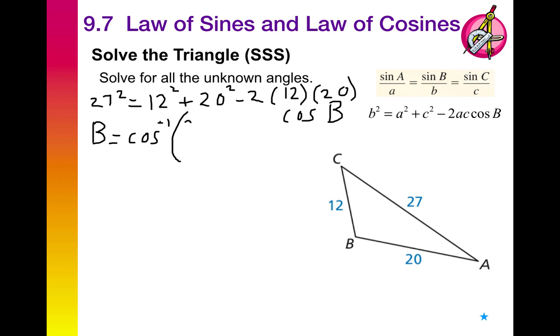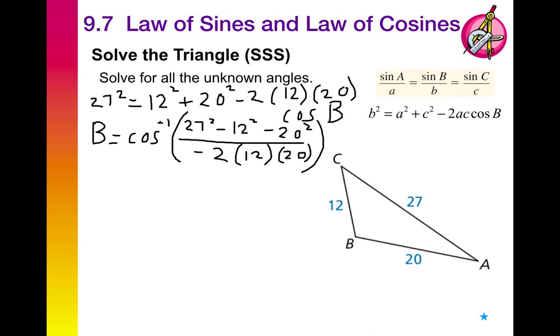It's going to be 27 squared minus 12 squared minus 20 squared all over negative 2 times 12 times 20. And when you plug all that into your calculator, you get the angle B. And the angle B is going to be 112.67 degrees.